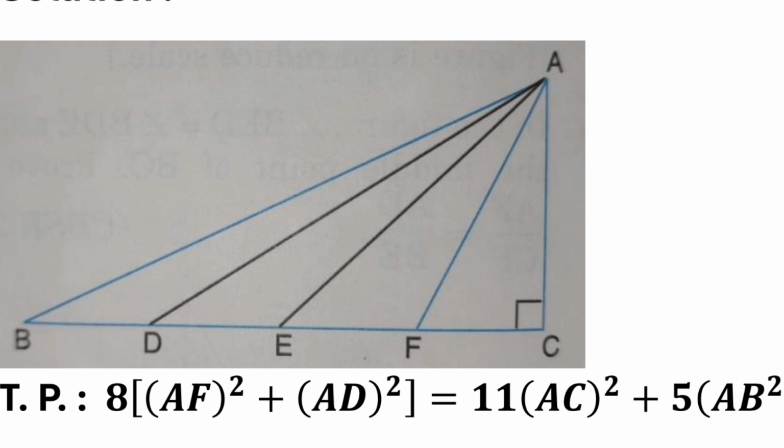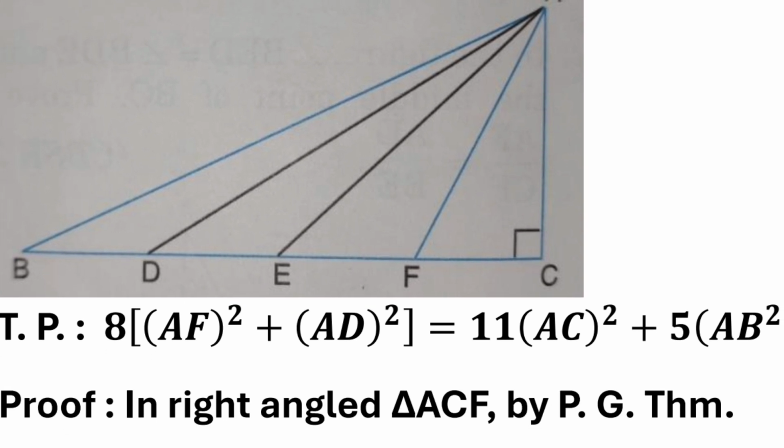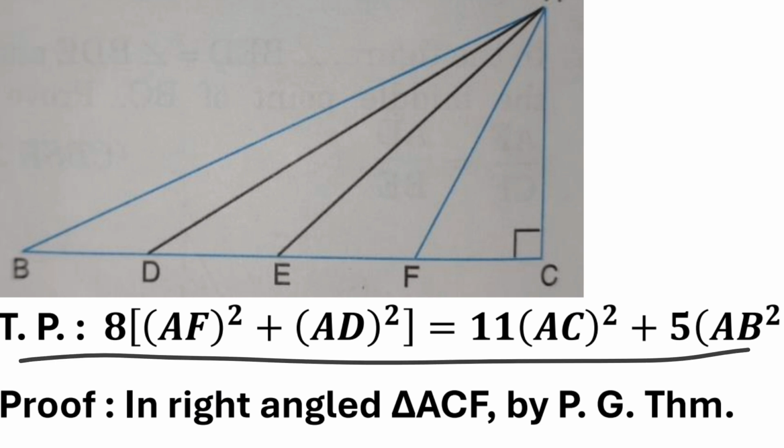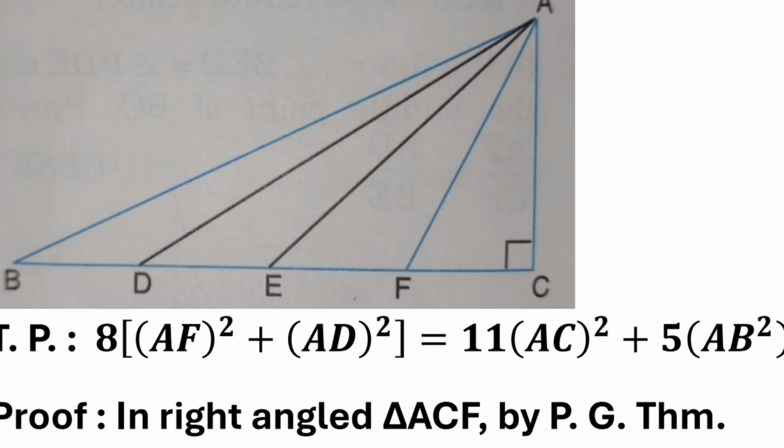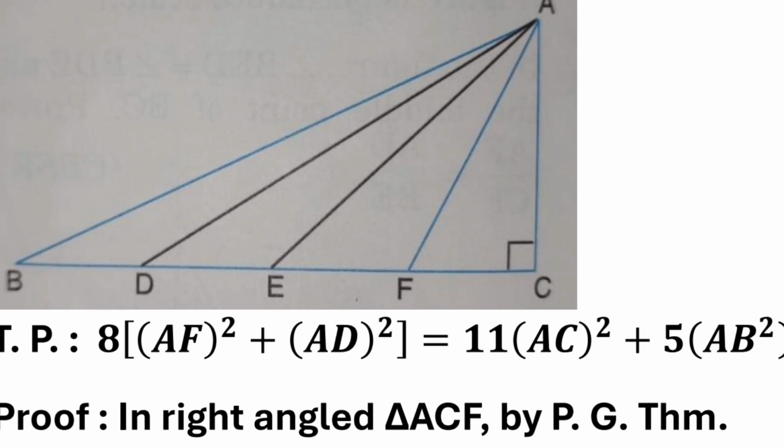Now first I will write here what is to prove. This is our to prove: 8(AF² + AD²) = 11AC² + 5AB². Here in our to prove we have AF² and AD².